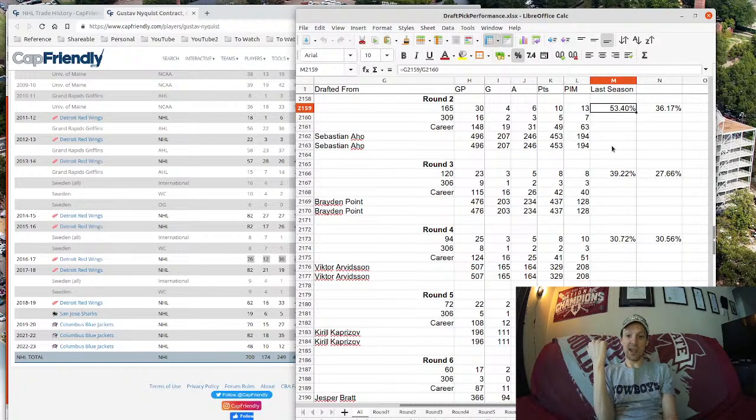That means that you're getting approximately a 70% chance that you have a player that makes the NHL versus the 53%. And then the performance of the player is basically the same. So a third and a fourth for a second, no brainer, do it as far as I'm concerned.